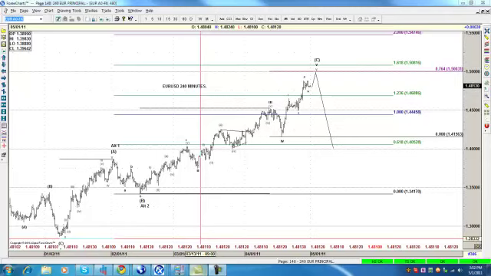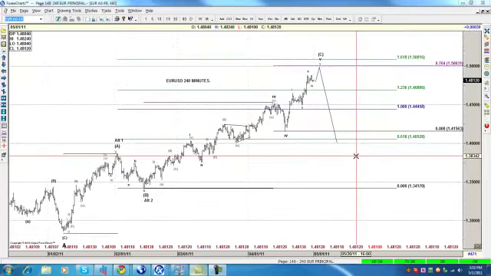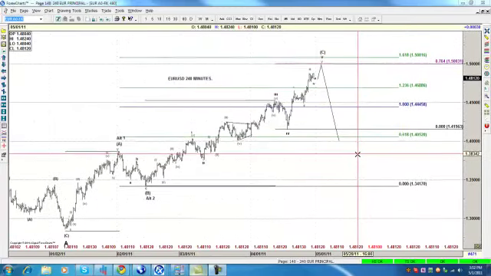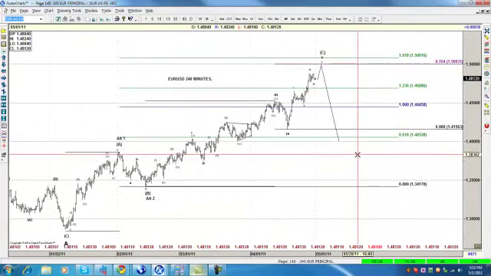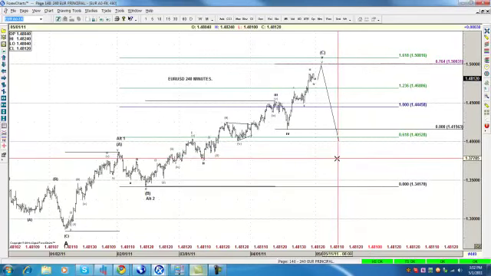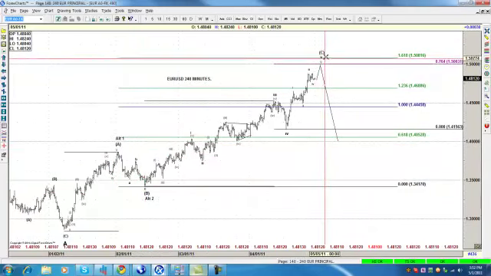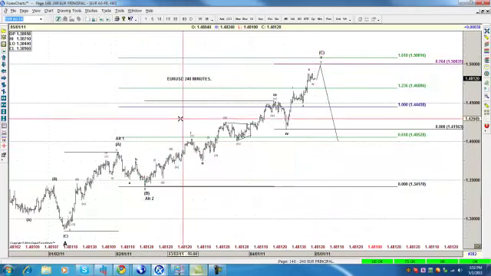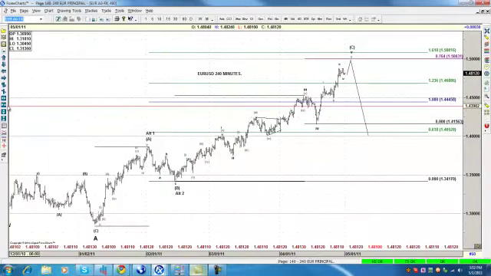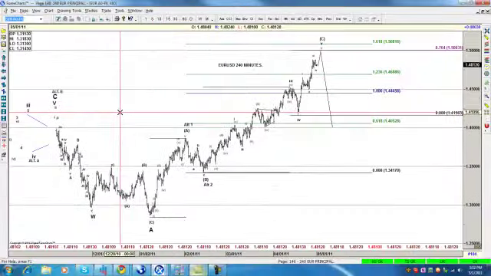As we explained in the first video, the euro dollar can be doing two different scenarios, or two different counts. The first scenario, as you see, is calling from this to be A and B, and this is with wave C. Now, it all depends on how we're labeling. Let me reduce a little bit here.